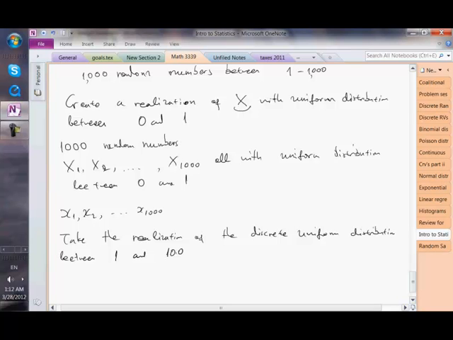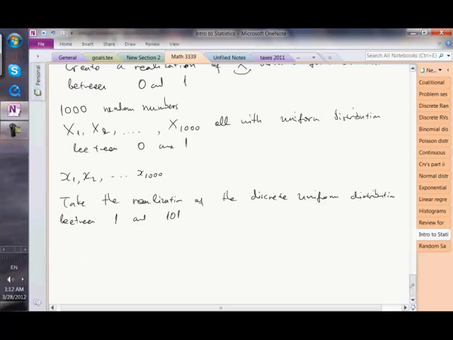So when I subtract 1, I have numbers strictly between 0 and 100. So you could have generated 1000 numbers between 1 and 101.